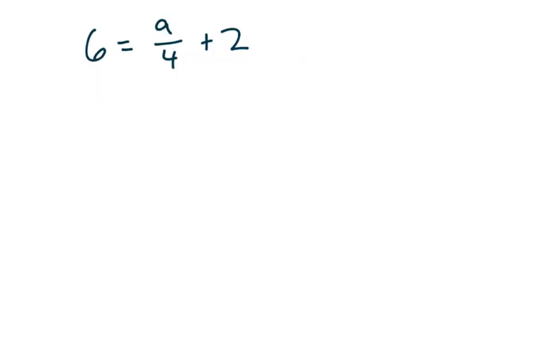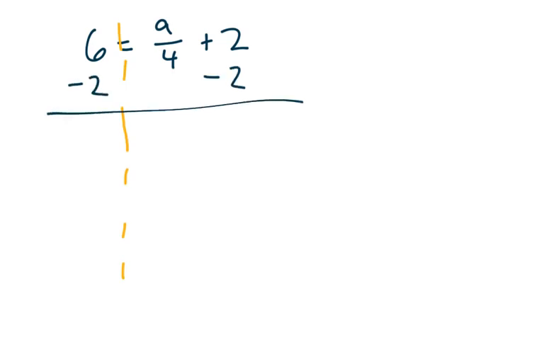Okay, last two. So here we have 6 equals a divided by 4 plus 2. So like usual, we're going to deal with this guy first. So we're going to do our brick wall. The inverse of adding 2 is subtracting 2, both sides, big line. This is 0. We're left with a divided by 4 equals 4.